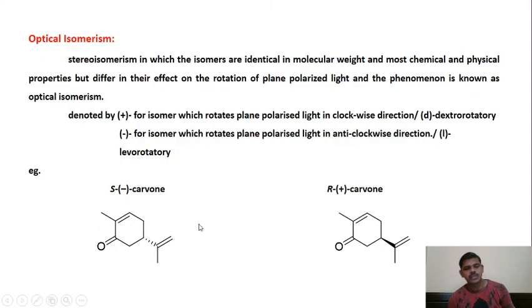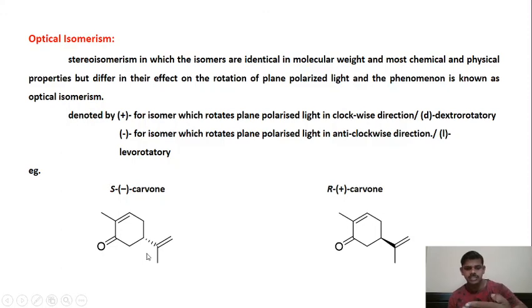This is the structure of the carbon. When plane polarized light strikes this molecule, or this molecule comes in the path of plane polarized light, the light rotates its plane in the anti-clockwise direction, so it is signed negative, or can be written as L carbon. And again this is the example here. The dotted line means the group attached to it is behind the plane.